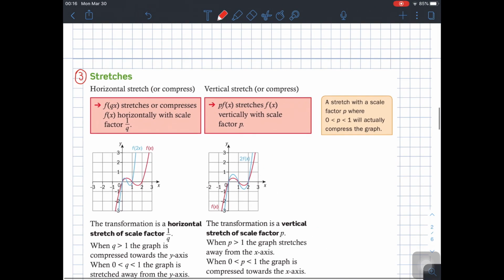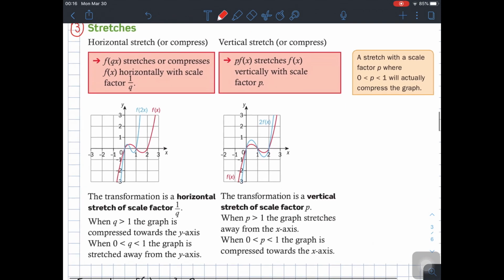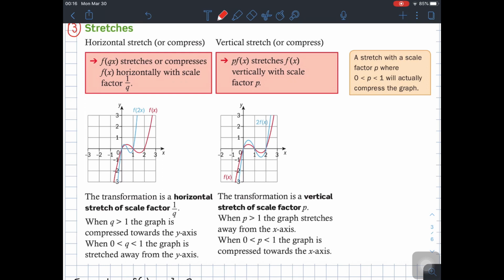Okay, so it says here a stretch with a scale factor p where p is between 0 and 1 will actually compress the graph. Okay, we're gonna see that with some examples in a while. So pay attention at these two cases. It says the transformation is a horizontal stretch of scale factor 1 over q.